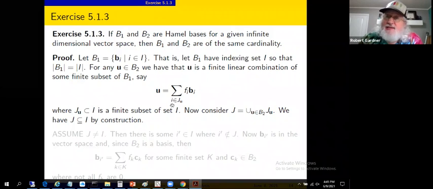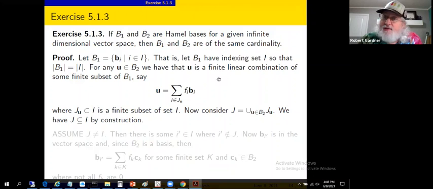We introduce this set J sub u of indices from set I, and it's a finite set. So here comes a collection of finite sets, which we'll use that exercise on. We get some finite collection of indices such that we get scalar multiples of the b sub i's, a finite number of these, got to be finite, Hamel basis.